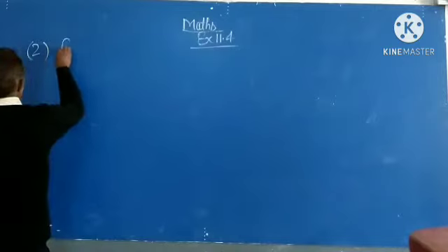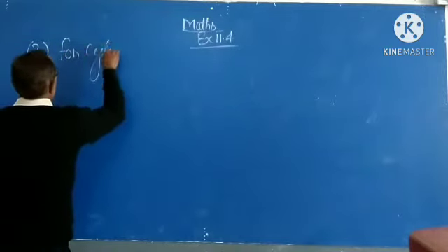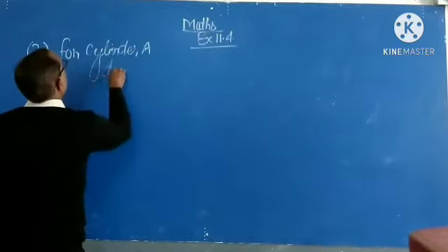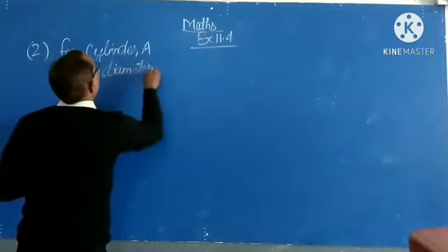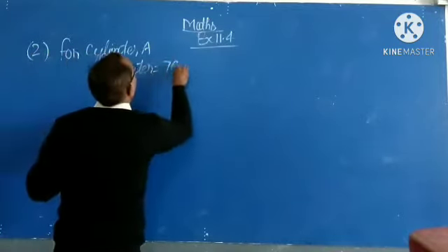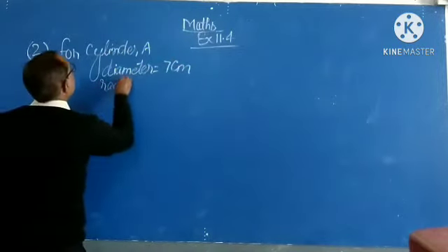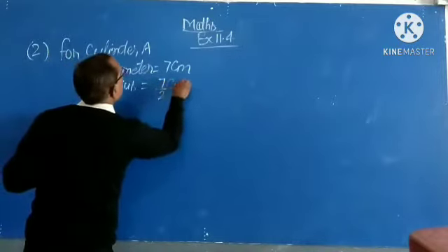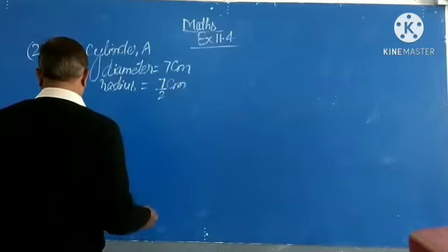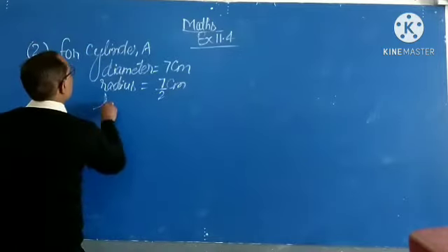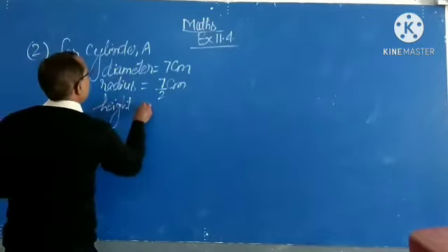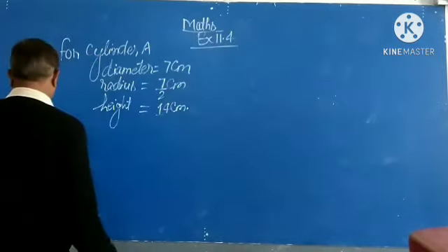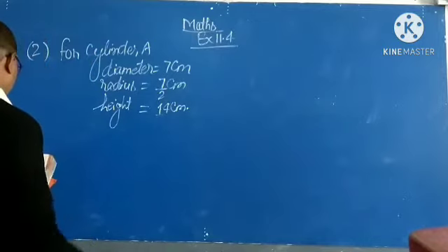For cylinder A, diameter is equal to 7 centimeter, then radius is equal to 7 upon 2 centimeter, and height is equal to 14 centimeter.